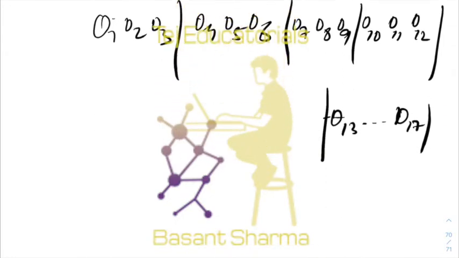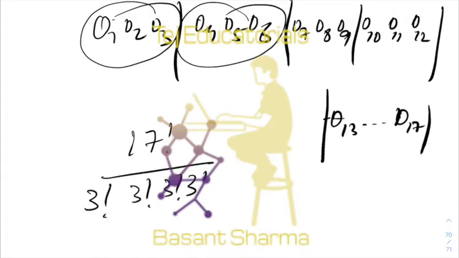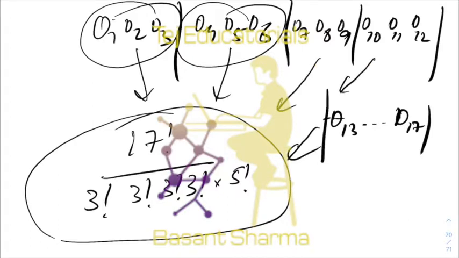Now, by the same logic that we used in the previous case, first you depermute the intra permutations. So what we do is 17 factorial by 3 factorial by 3 factorial by 3 factorial by 3 factorial into 5 factorial. This is the same thing that we did in the first case. Corresponding to every grouping we depermute. That is the same logic being used here.